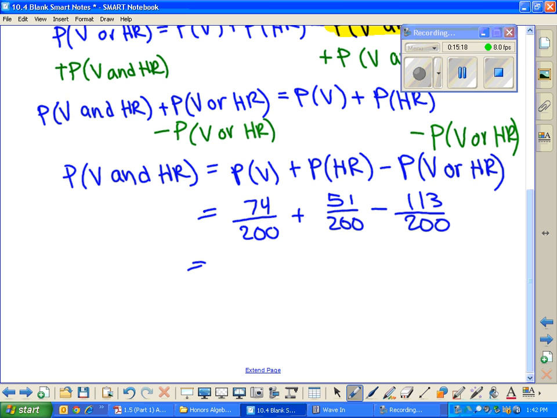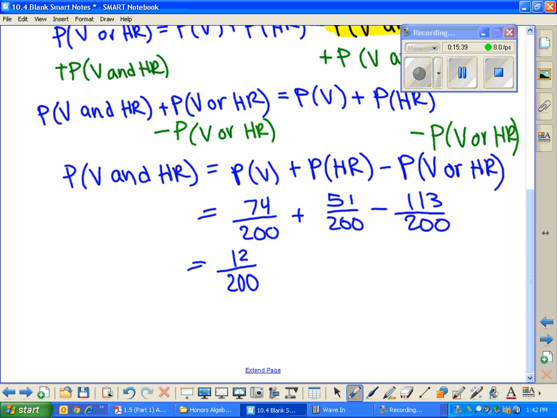So now, this is where it comes in handy to have that common denominator. Someone tell me what they get for that fraction there. 12 over 200, you are correct.